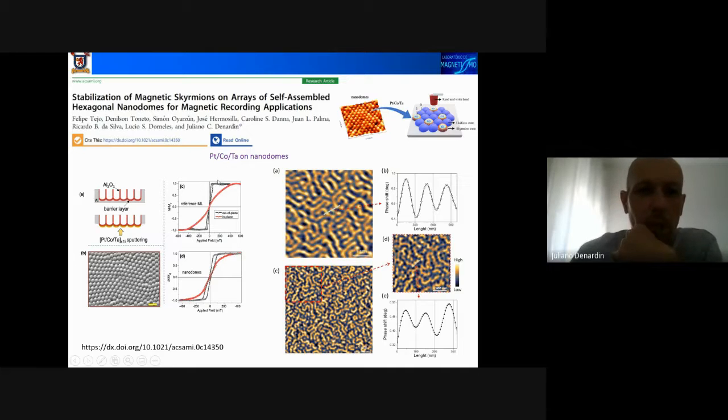And we have the hysteresis curves of the reference sample, that means the sample on the continuous, flat film, in plane and out of plane. We have different anisotropy.